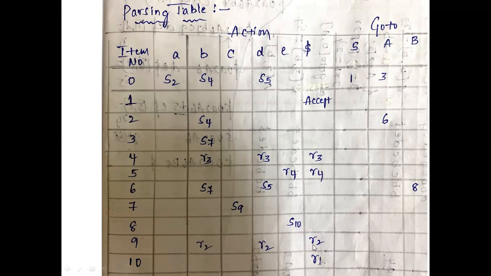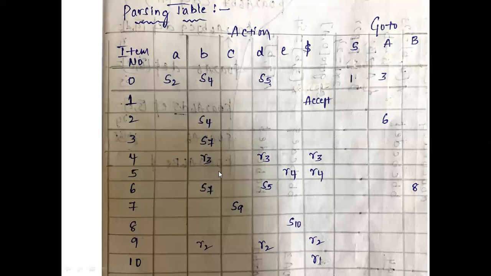Just fill the entries with R2, R2, R2. This is rule 2. This rule was ended at an item, the dot was processed at item I9, right? And for that rule 2, the rule starts with an A, and the follow of A output is BD dollar.